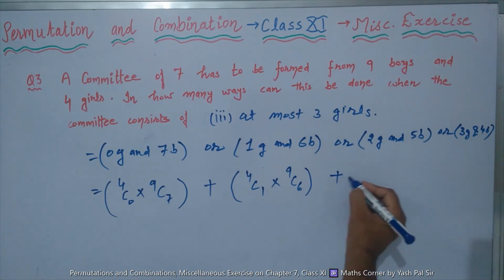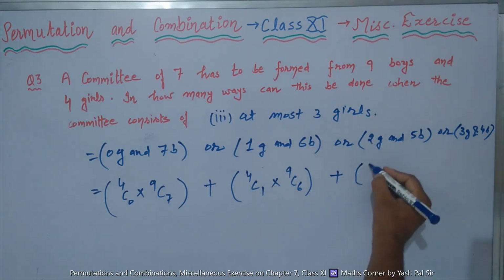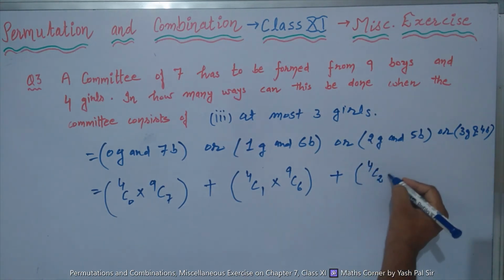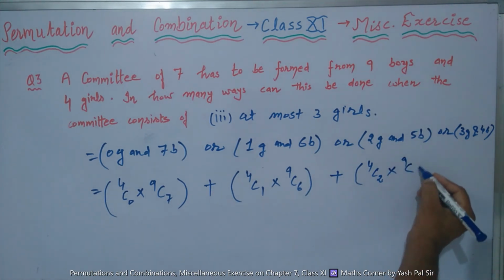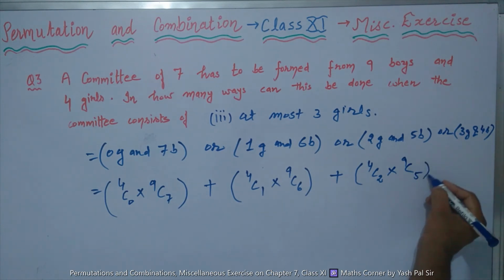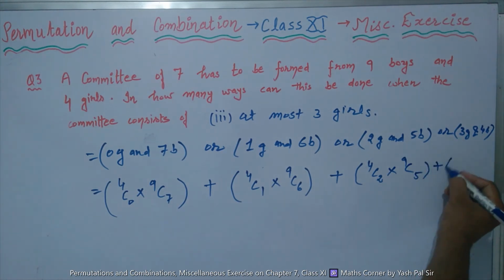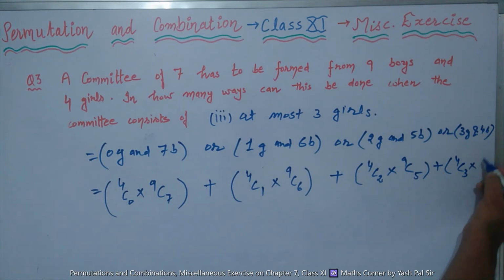OR meaning plus. Out of 4 girls, we selected 2 girls, and mean into. Out of 9 boys, 5 are selected. Lastly, out of 4 girls, 3 girls are selected, into out of 9 boys, 4 are selected.